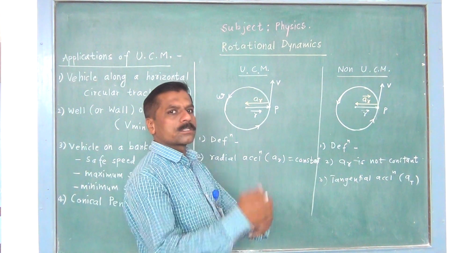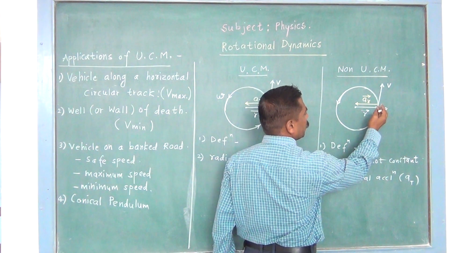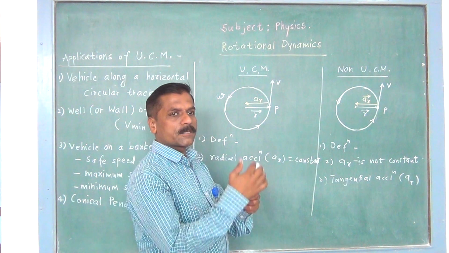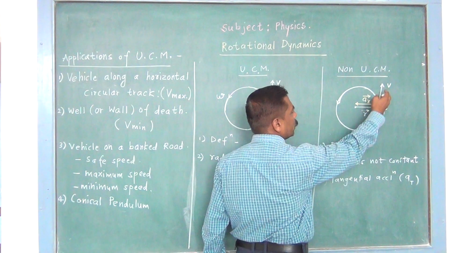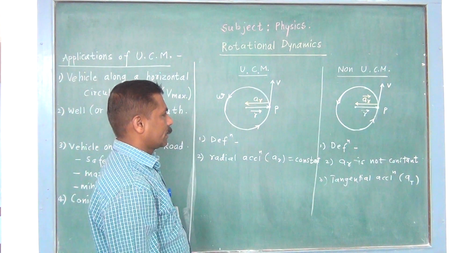When the speed goes on increasing, this tangential acceleration is in the direction of tangential velocity, and when the speed decreases, then this tangential acceleration is opposite to the tangential velocity.